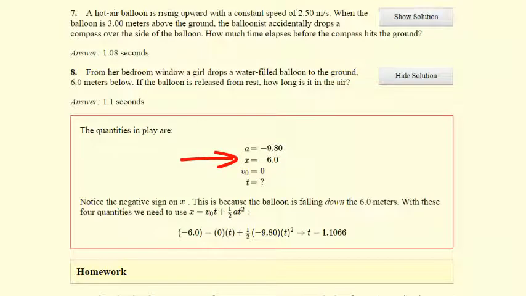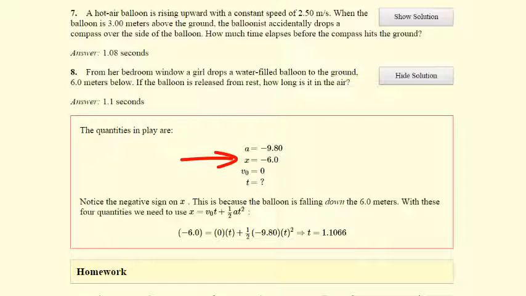And so this negative sign here is why the book makes a distinction between distance and displacement. The difference between distance and displacement is the same as the difference between speed and velocity. It's an exact parallel.